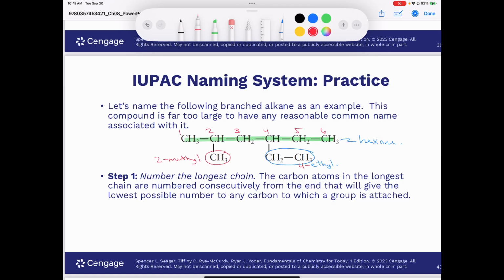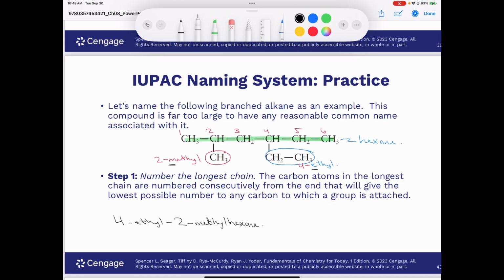Now, lastly, when we assemble everything, we're going to put our two substituents off of the root chain in alphabetical order. And if we look at methyl and ethyl, well, E comes before M in the alphabet, and we're going to list our substituents in alphabetical order. So the name of this compound is going to be 4-ethyl-2-methylhexane.